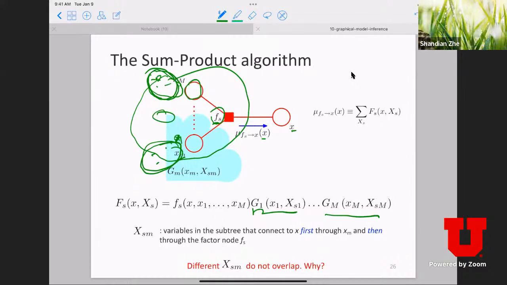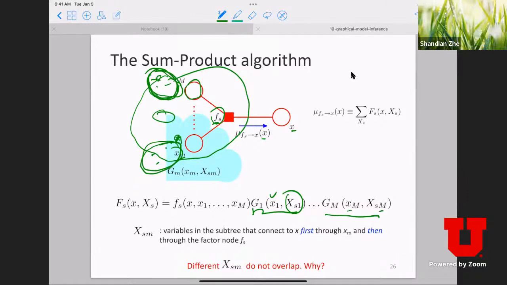So we can denote the product inside each subtree by G1 to Gm. Of course, this product is determined by the corresponding root node x1 and all the associated variables inside that subtree. So we denote big X S1, and for Gm, we denote small x big M and big X Sm.